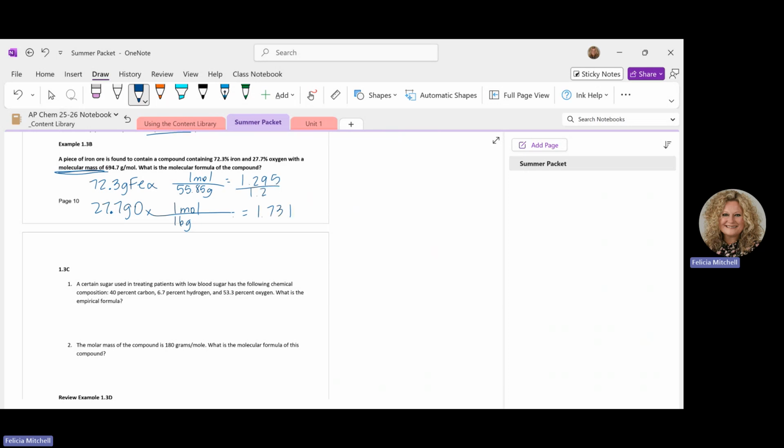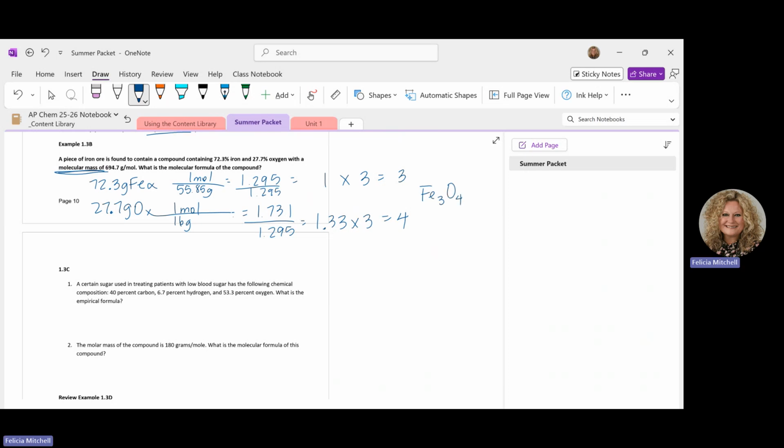Divide by the smallest number of moles. That's how you get the empirical formula. That's going to be a 1, and that's going to be a 1.33. That's not going to work. I can't round. So let me multiply them all by 3. That'll turn that into a 4, like 3.9, and that'll turn that into a 3. So my empirical formula is Fe3O4.